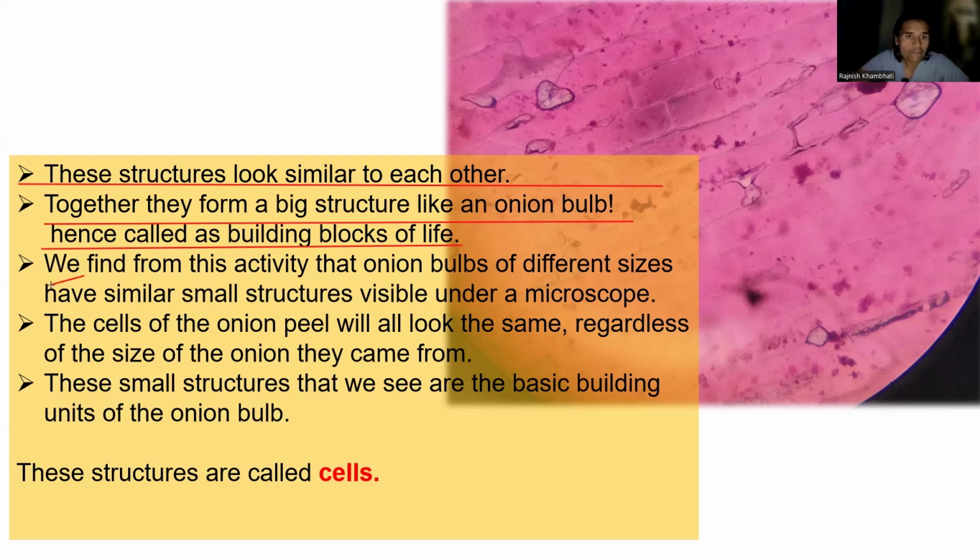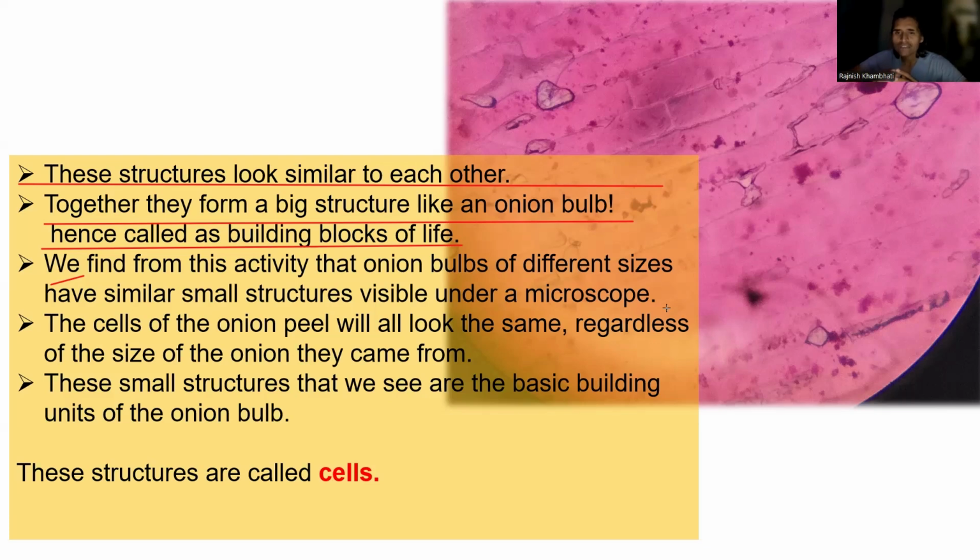Then we find from this activity that onion bulbs of different sizes have similar small structures visible under the microscope. If you take a small onion bulb and observe its cells under the microscope, and if you take a big onion bulb and observe its cells, you can see that the cell size and the structure are the same.